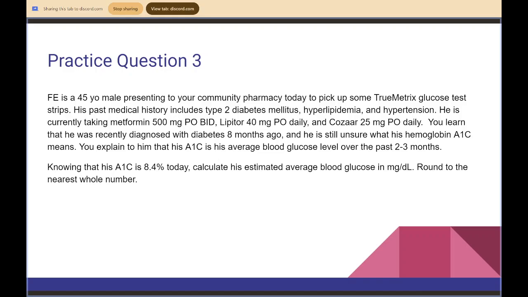Round to the nearest whole number. I'm going to put the equation into the chat. That may take the fun away from it, but you may not have the formula sheet handy. I want to give everyone a chance.